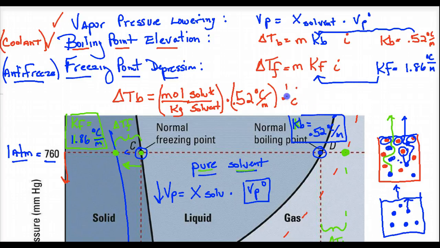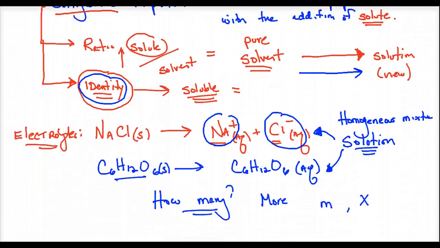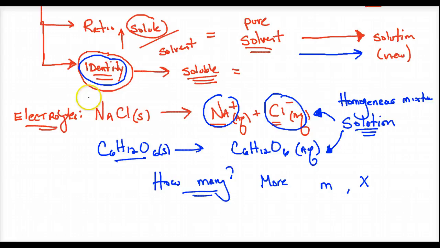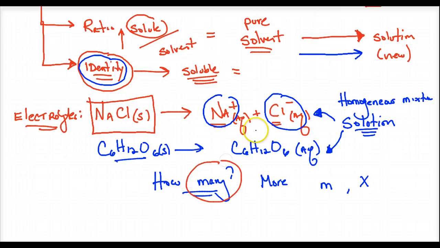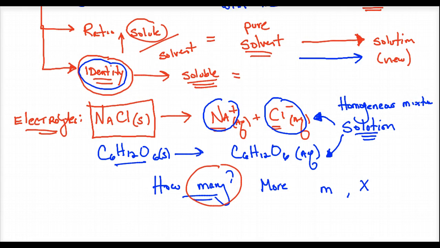And this i helps us fix a problem we have. As I talked about earlier, some compounds dissociate into more ions. If I have a 1 molal solution of sodium chloride, don't I really have 2 moles of free ions? Because it breaks apart into these ions, and colligative properties are about not what, but how many. So I have to think about how many particles are getting in the way.